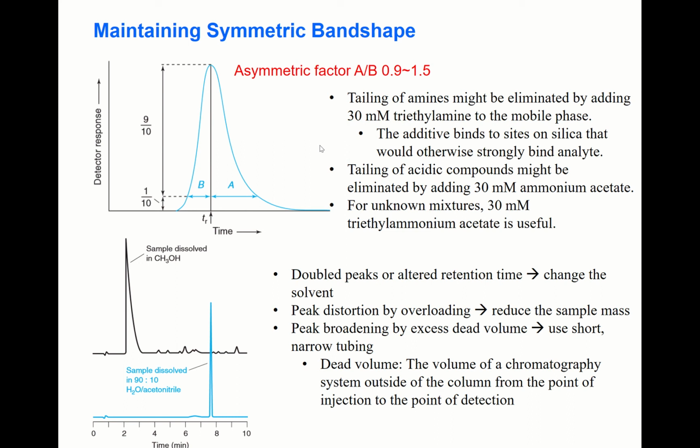Tailing of acidic compounds might be eliminated by adding 30 millimolar ammonium acetate. Further, for acidic compounds, add this 30 millimolar ammonium acetate, for ionic compounds. For an unknown mixture, 30 millimolar triethylammonium acetate is useful.